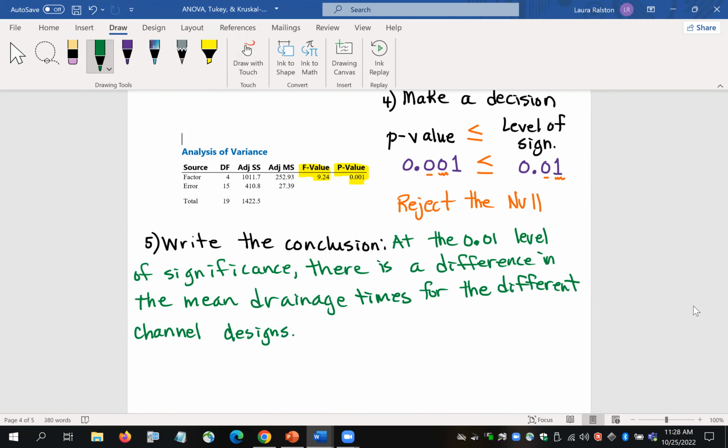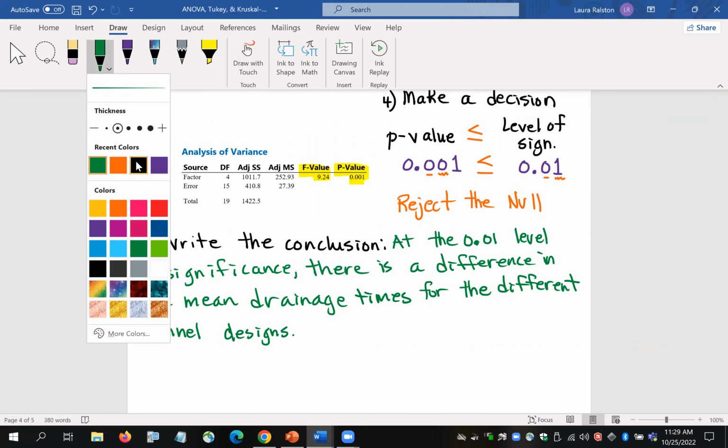Now, again, what ANOVA tells us in this case is that there is a difference in how quickly or how slowly those different designs drain the floodwater. It does not tell us which one or ones are different.